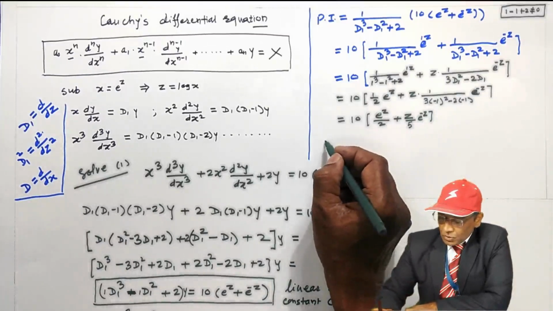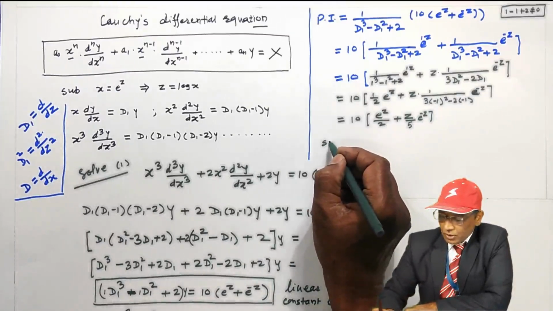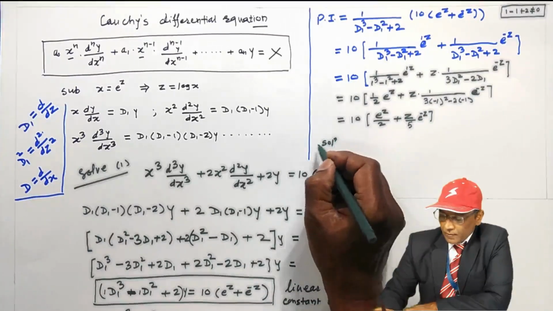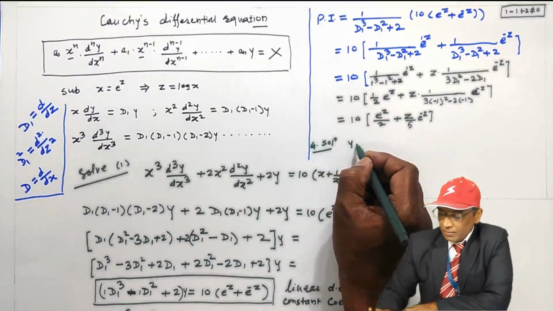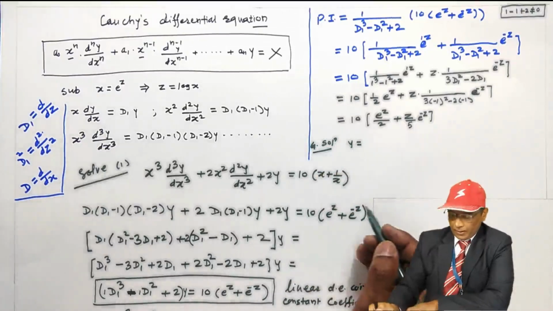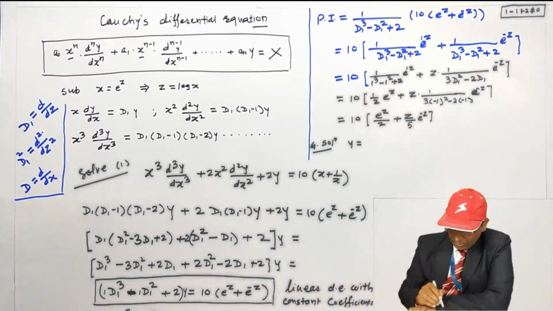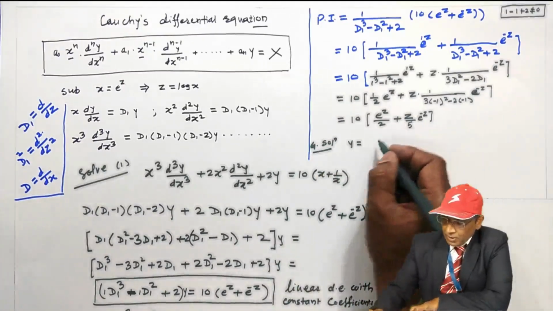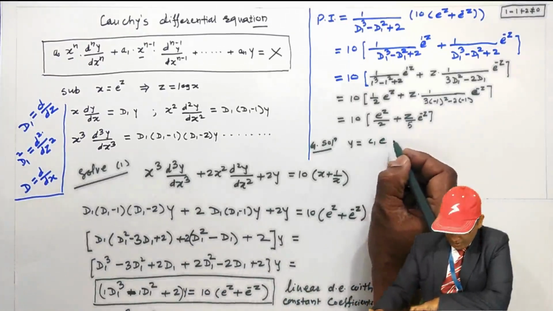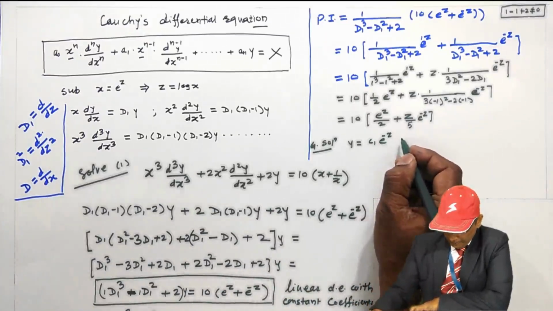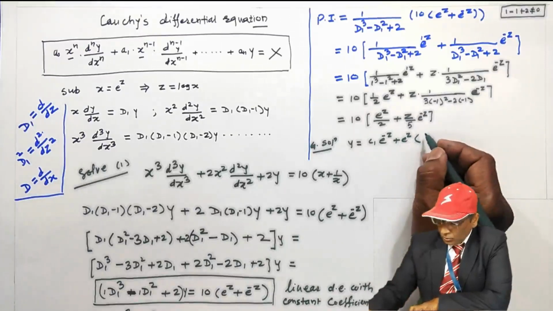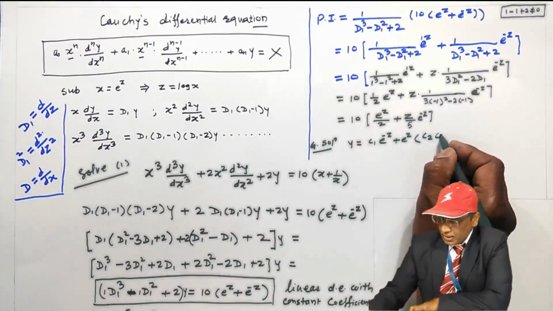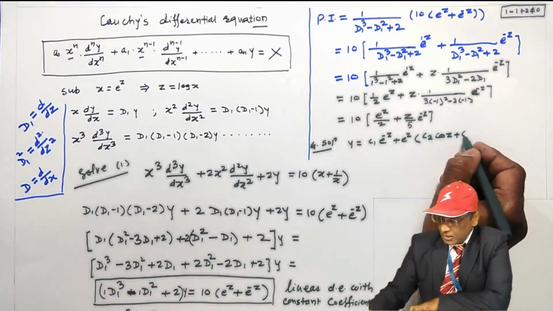Now, what is the general solution of the differential equation? Y is equal to the complementary function. What is the complementary function? C1 e power minus z plus e power z, C2 cos z plus C3 sin z.